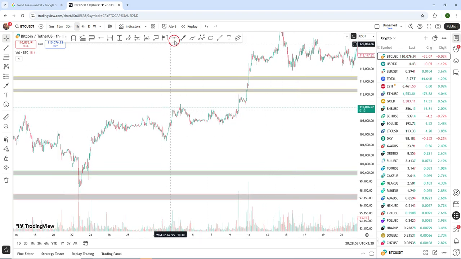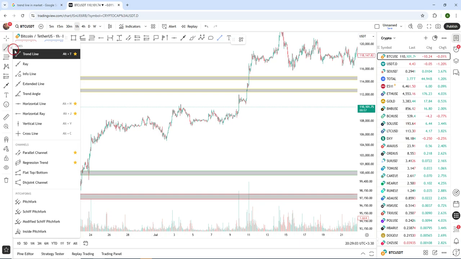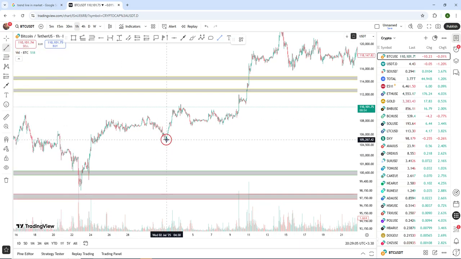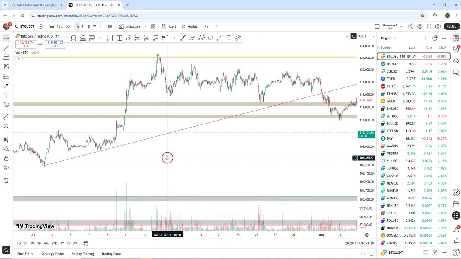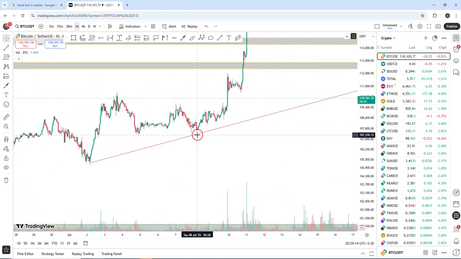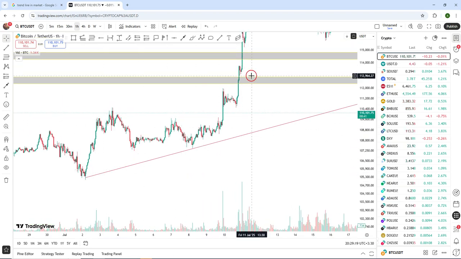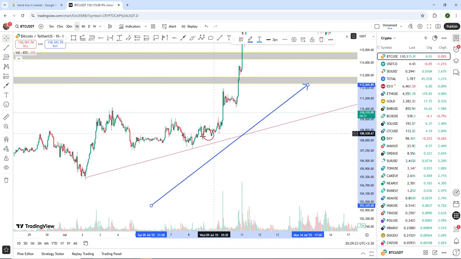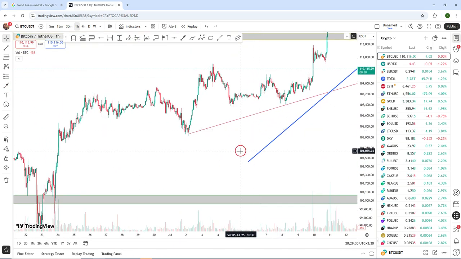Okay. You can use the trend line here, and I think it's good. Every time the price hits this trend line, it's going up in the bullish trend. I mean that when the price is going up, every time the price hits this line, it goes up.